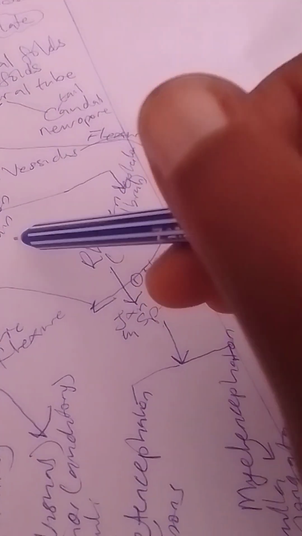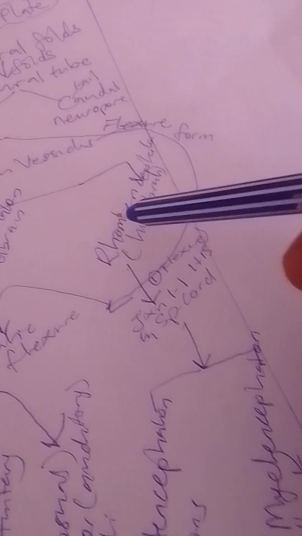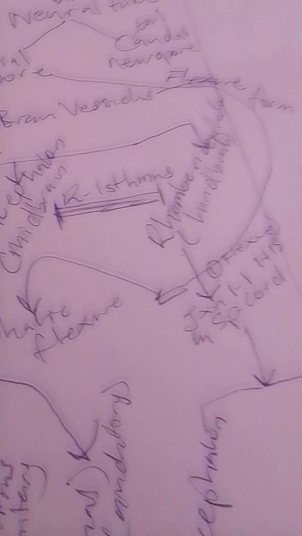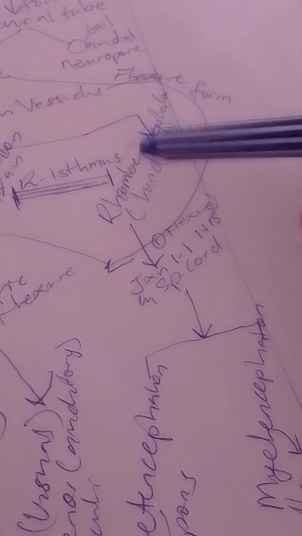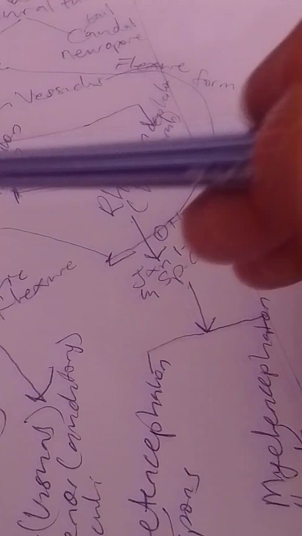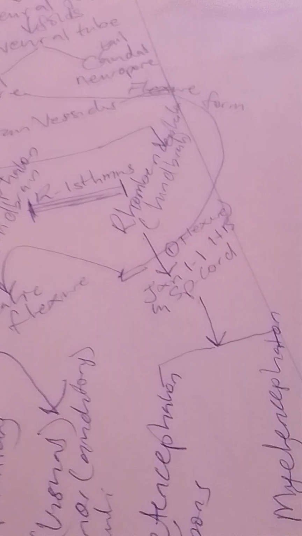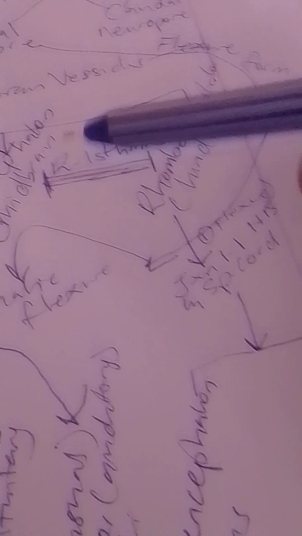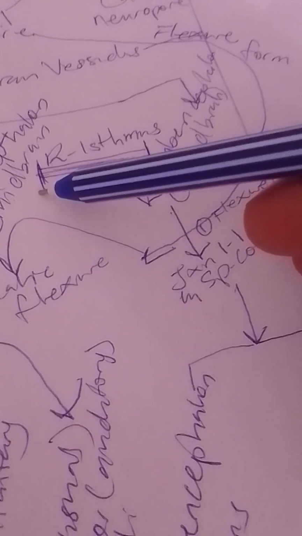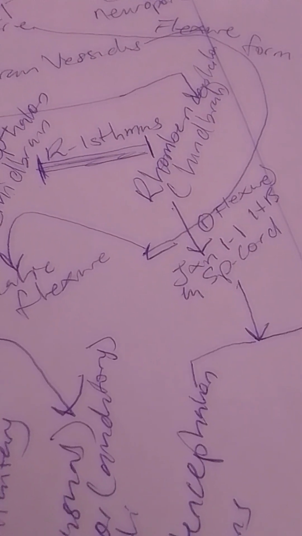Between the mesencephalon and the rhombencephalon, we are going to have what is known as the rhombencephalic isthmus. This isthmus is going to separate the metencephalon from the mesencephalon. Okay, all right, that's good.